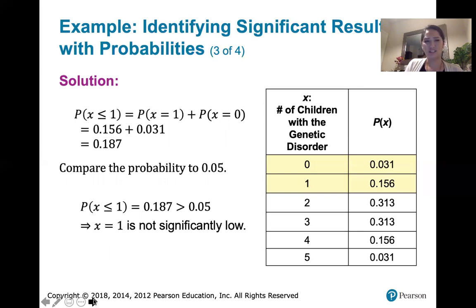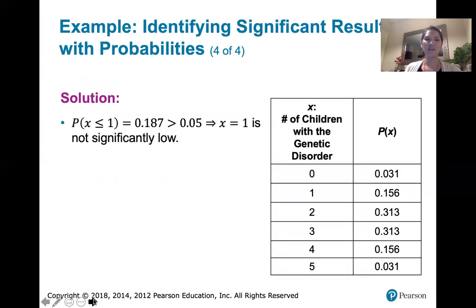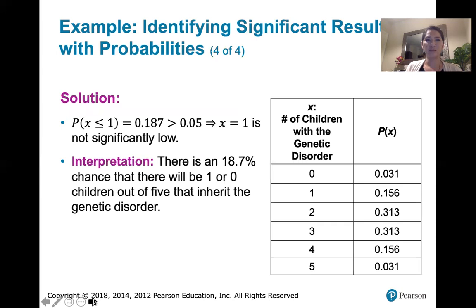Let's think about these results and interpret what they mean. When we say that the probability that X is less than or equal to 1 is equal to 0.187, what we're saying is there's an 18.7% chance that there will be 1 child out of 5 or 0 children out of 5 that inherit the genetic disorder.